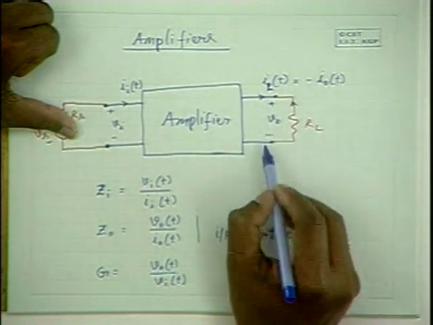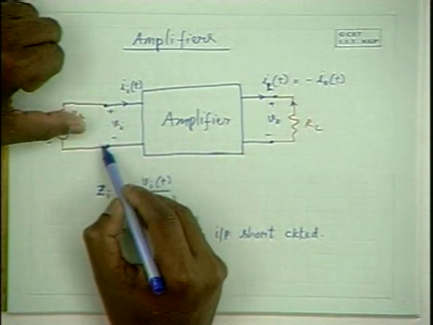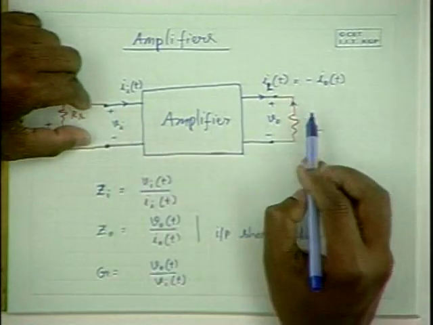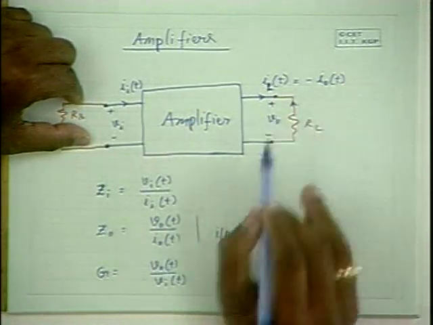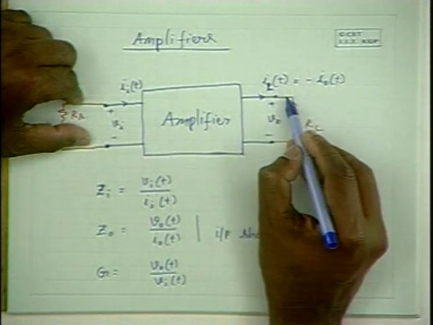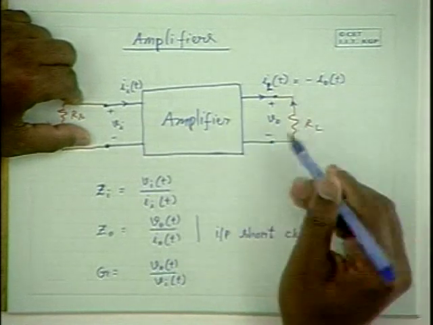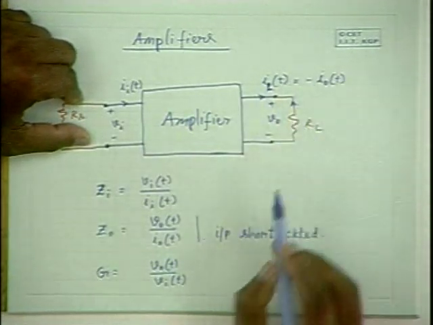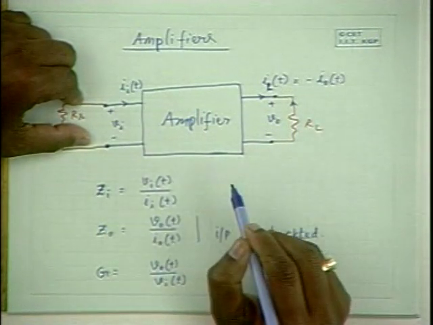That output impedance can be determined by shorting the input and applying an external voltage source V0T. This V0T is now different. It is an external voltage source V0T. And then you will find some current going into the output terminals, I0T. So V0T divided by I0T is the output impedance.